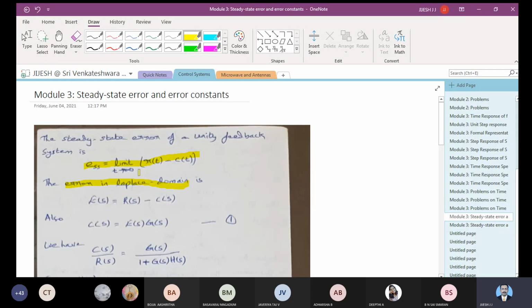We can write it as E of s is equal to R of s minus C of s. So you write down the error in Laplace domain: E of s is equal to R of s minus C of s.